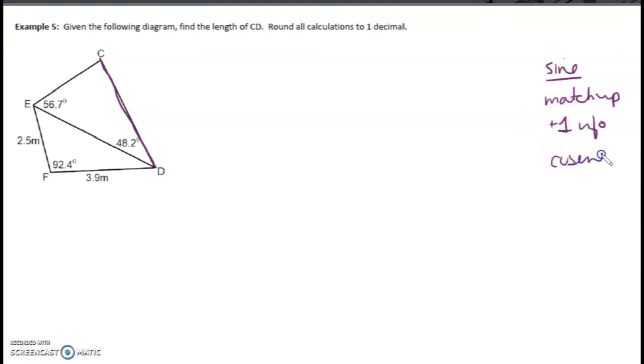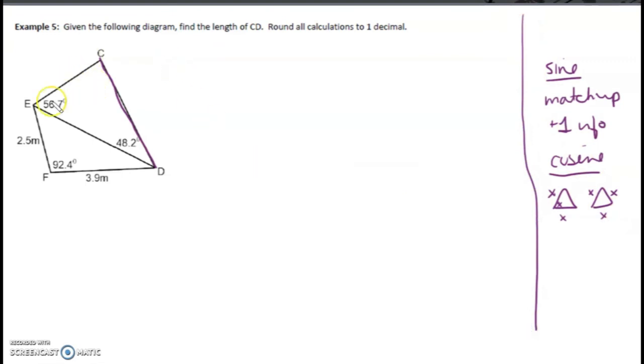For cosine law, there are two situations: we use it if we have two side lengths and the contained angle, or all three side lengths. In triangle CDE, we don't have any side lengths, so we don't use cosine law. We can't use sine law either, because there's no matchup if we don't have a side length. So let's ignore triangle CDE and focus on the other triangle, EFD.